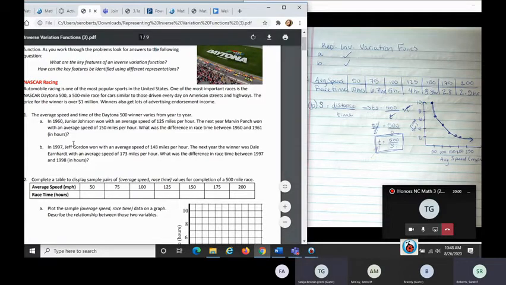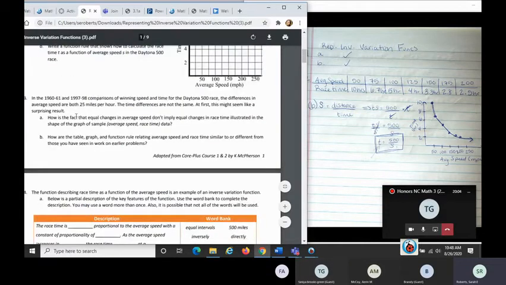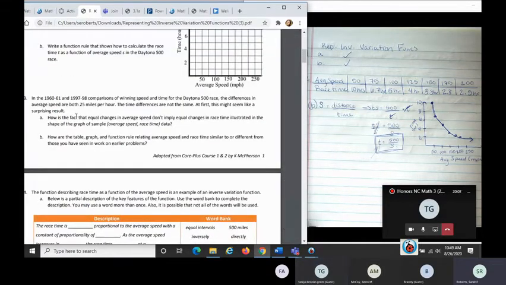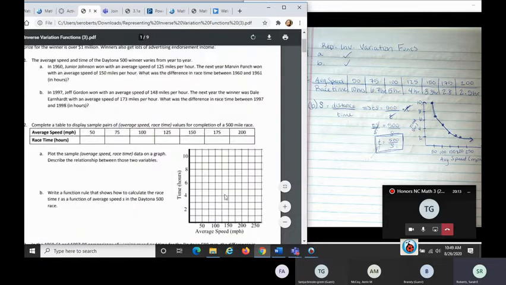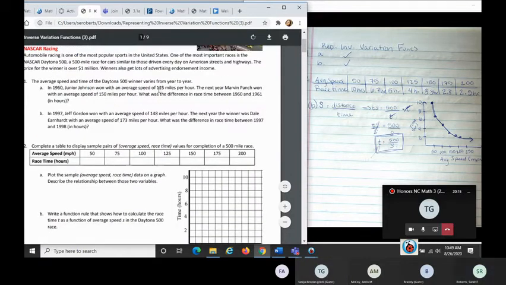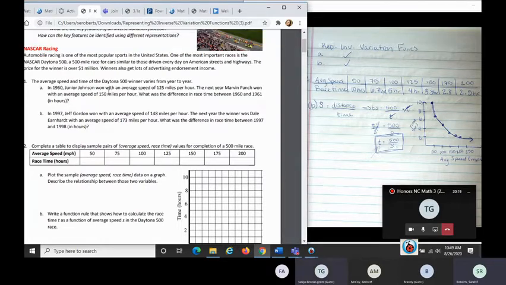So it's referring to these two pieces of data. You're right. And it says that the difference in average speed for both of those is 25 miles an hour. So if we look, 125 to 150, the difference in those speeds is 25 miles per hour, and 148 to 173 is also 25 miles per hour.